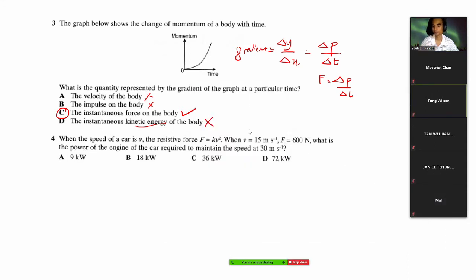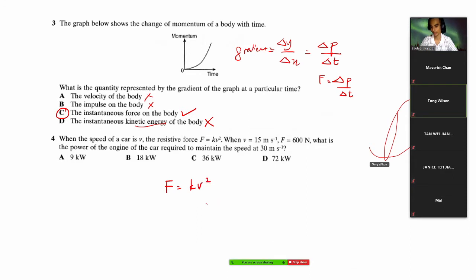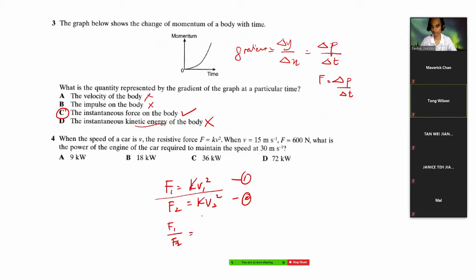D. Okay, so actually it's a ratio, given by F equals kV squared. So F1 over F2 equals kV1 squared over kV2 squared. Cancel the k and we have V1 squared over V2 squared.